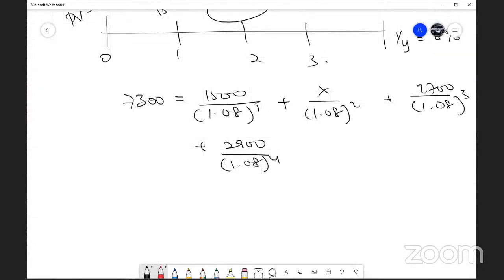So find out the figure one by one. Okay, then you can find what is x.